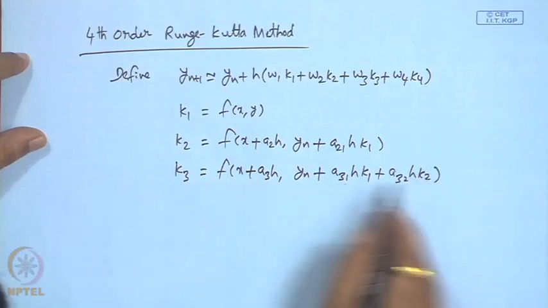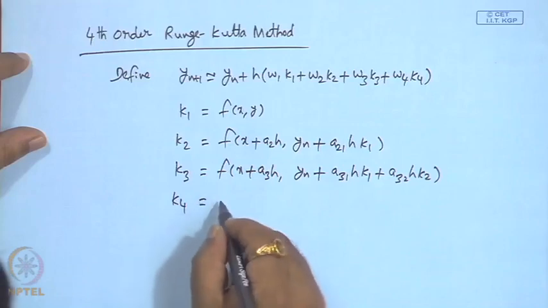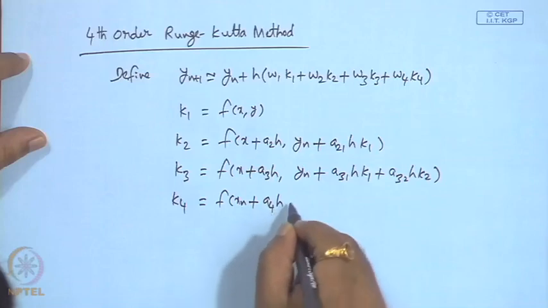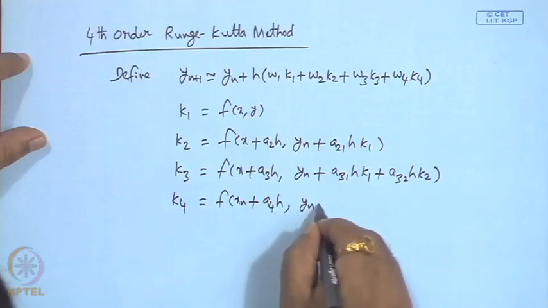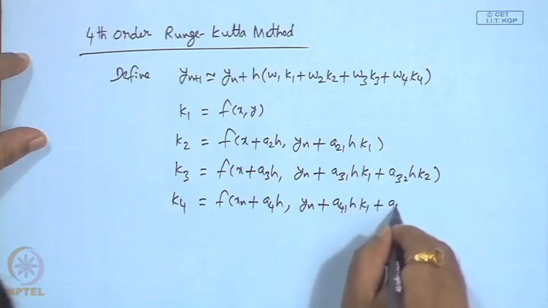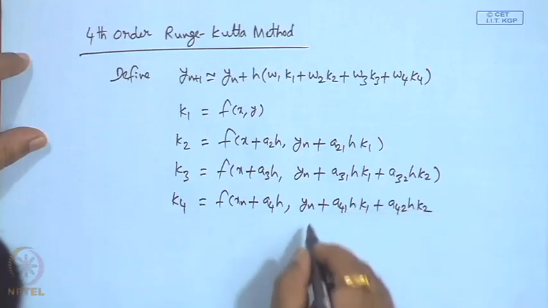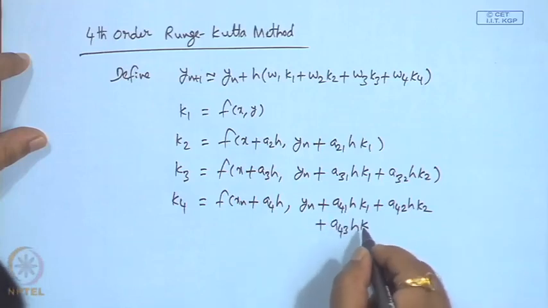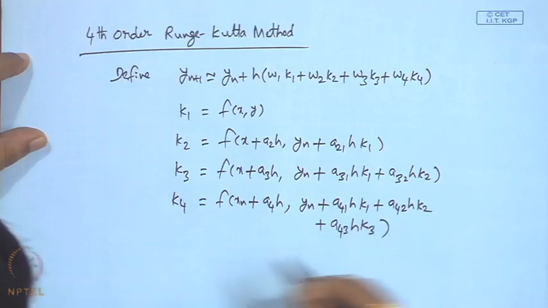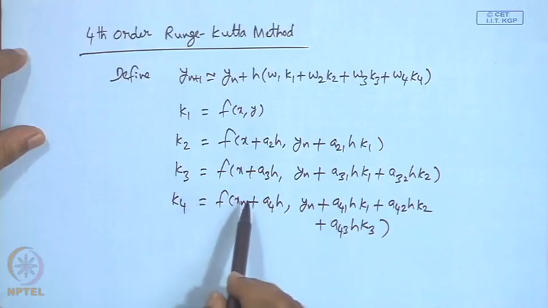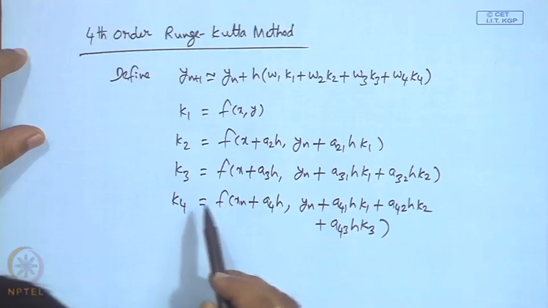For K 3, K 1 and K 2 are used. K 4, A 4 1, A 4 2, A 4 3. Okay. So, this is our definition. This is in line with the general method with L slopes.